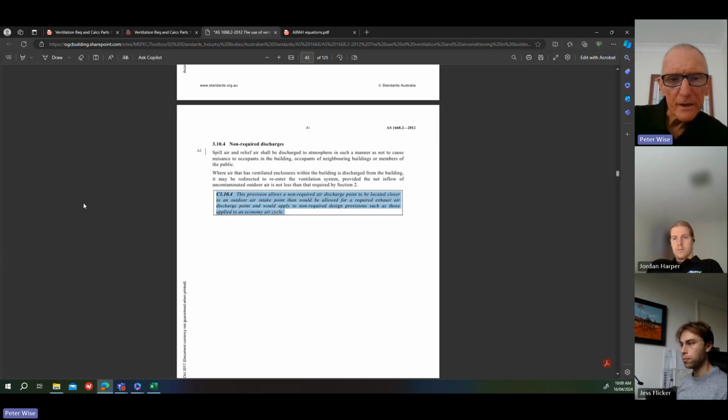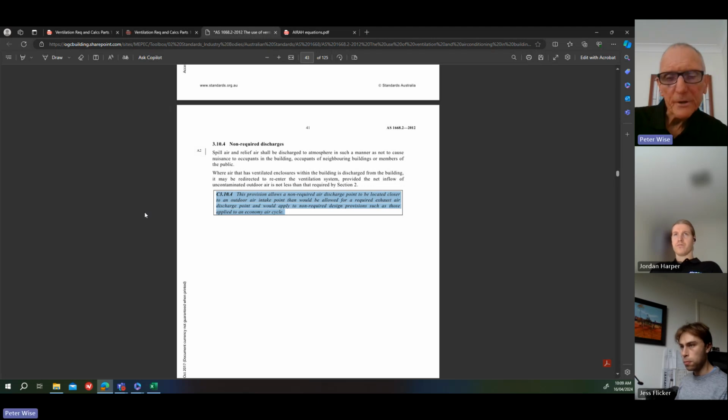You're doing the air balance thing, okay? This allows a non-required air discharge point to be located closer to an outdoor air intake point than would be allowed for a required exhaust air discharge point, and would apply to non-required design provisions such as those applied to an economy air cycle. So economy cycle or ERV.